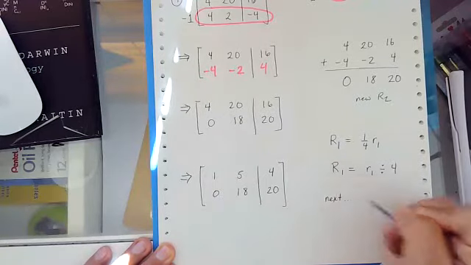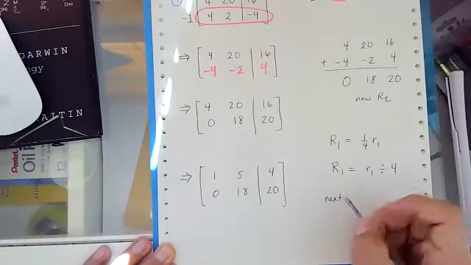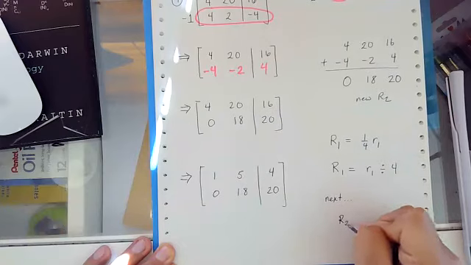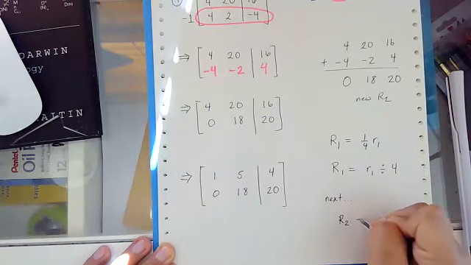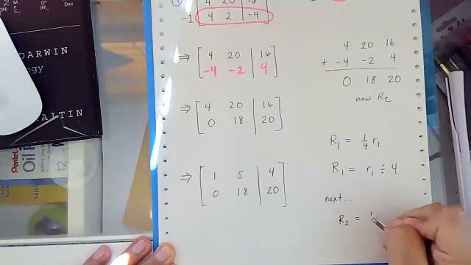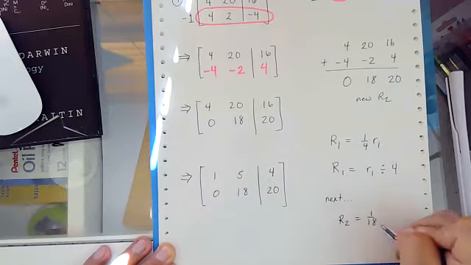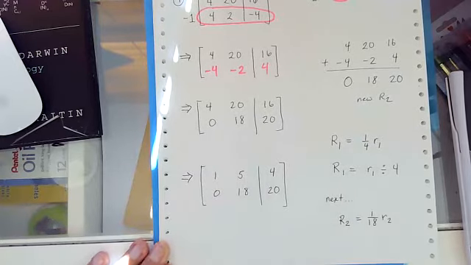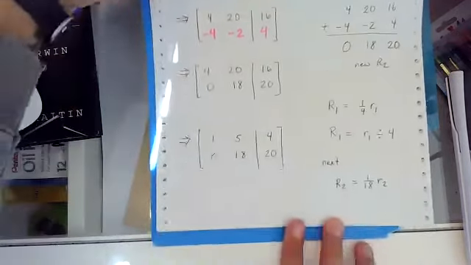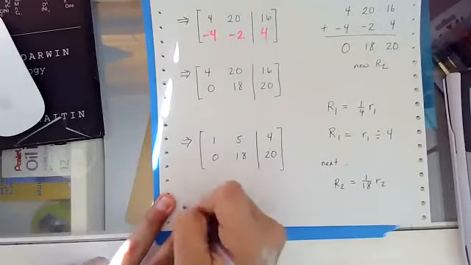Next, let's say that I asked you to take row 2 and multiply it by 1/18, which is the same thing as asking you to divide by 18, okay, just to be clear. What would the resulting matrix look like then?